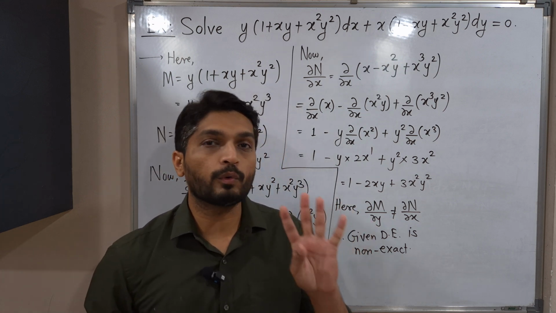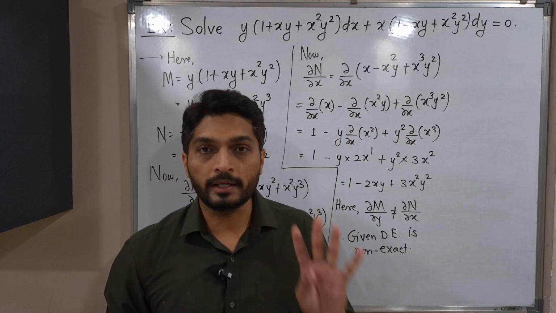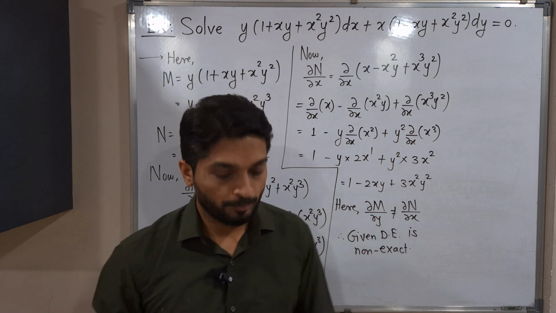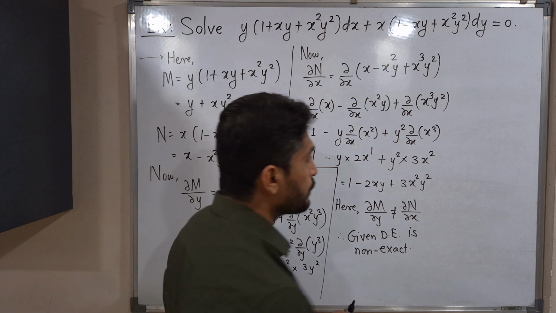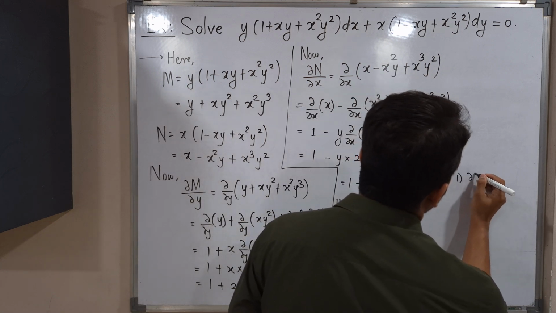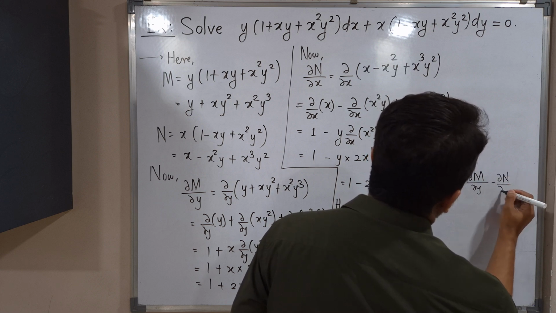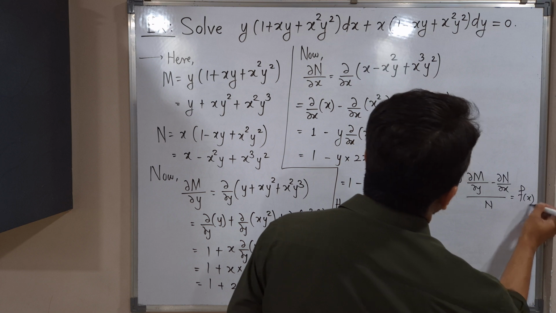Actually, there are 4 different rules for finding the integrating factor. Let us see which rule is applicable here. I will tell you all 4 rules. The first rule is (del M by del y minus del N by del x) upon N is a function of x.